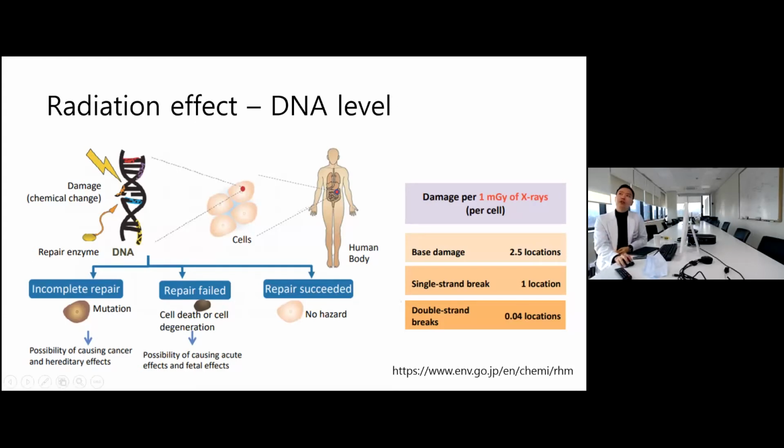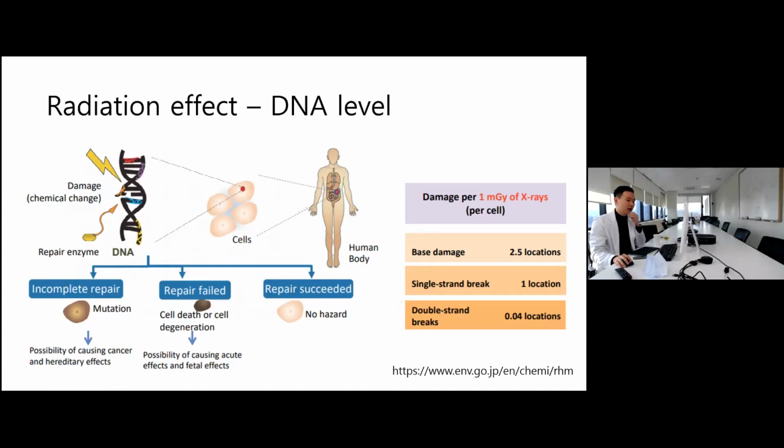And it is known that exposure to 1 milligray of X-ray causes a single strand break at one location per cell on average. And this amount of radiation is equivalent to 1 millisievert.